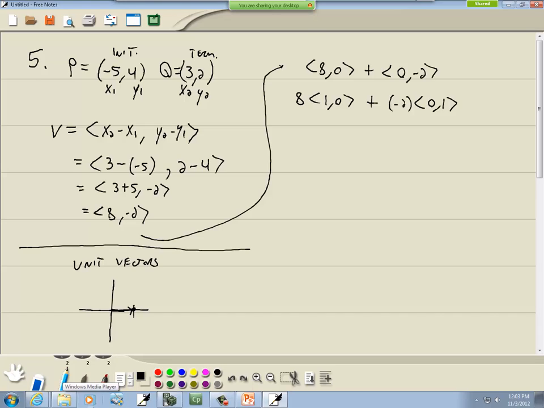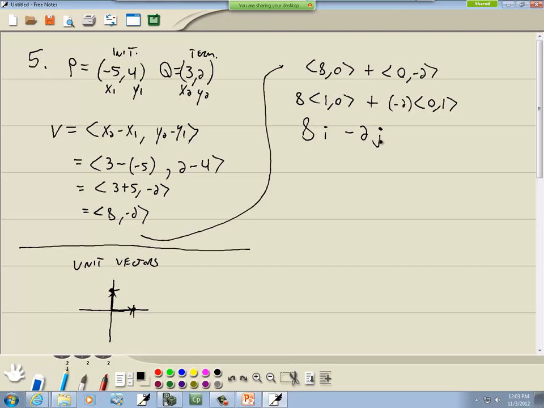Now the other one, 0, 1, that would be right here, and that's along our y-axis. Both of these are unit vectors. They have a distance of 1. And here we use i for this unit vector, and we use j for that unit vector.